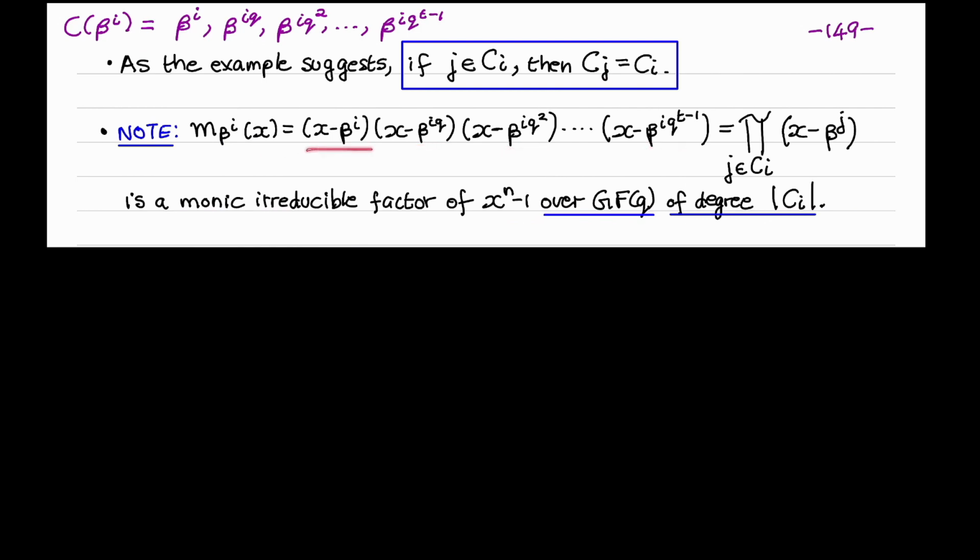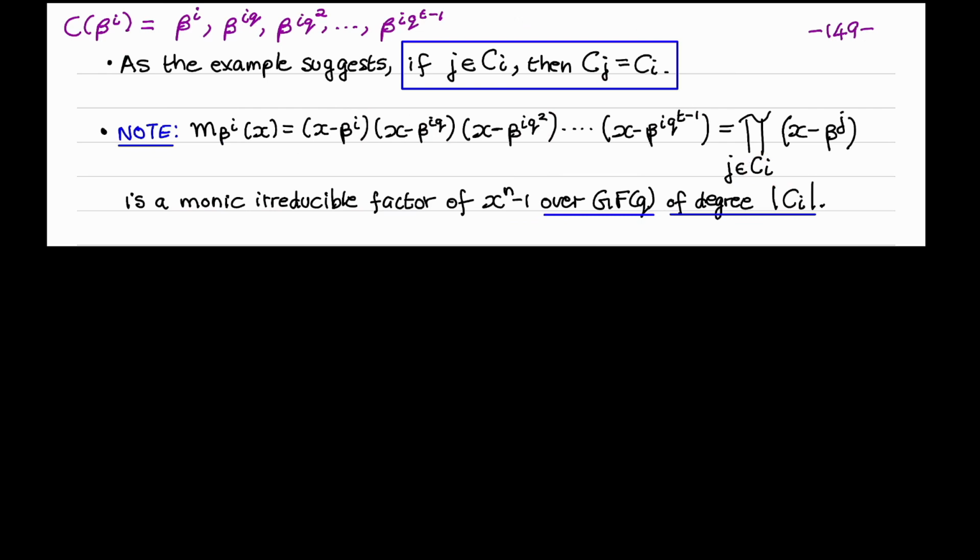So we can write this factorization more compactly as a product of all linear factors x minus beta to the j, as j ranges over all elements in the cyclotomic coset of q modulo n containing i. And that's because C_i is comprised of the powers of beta that you see in this factorization. And so the minimal polynomial of beta to the i has a degree equal to the size of the cyclotomic coset C_i.